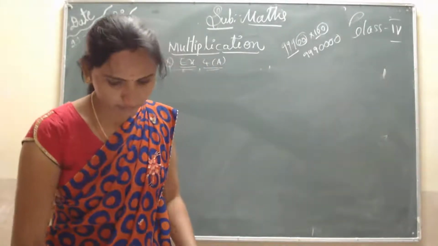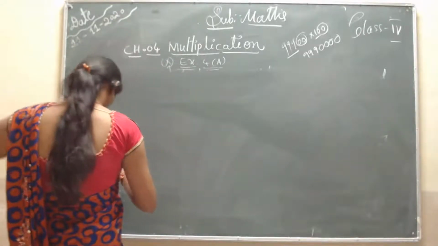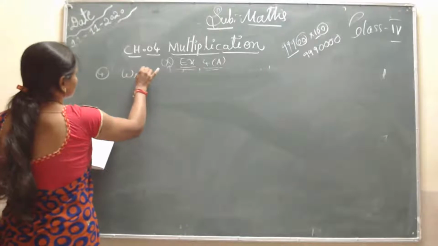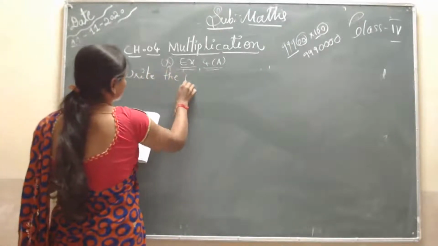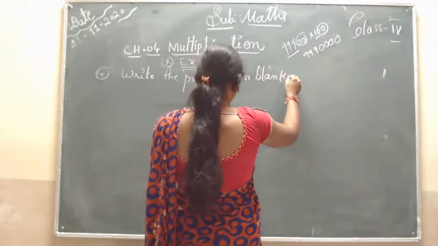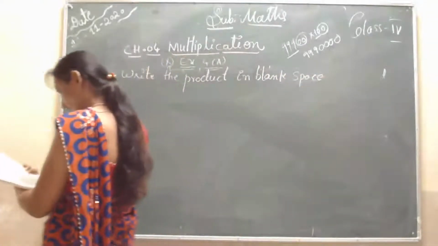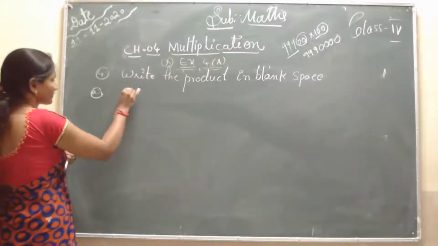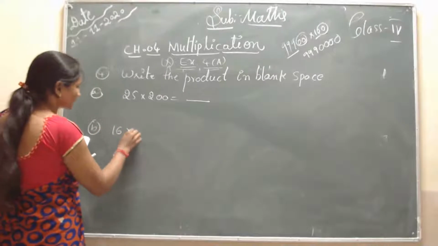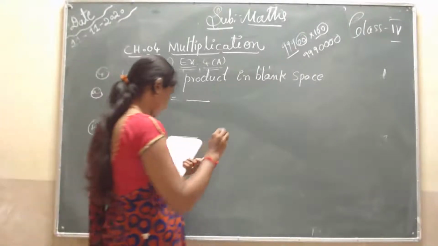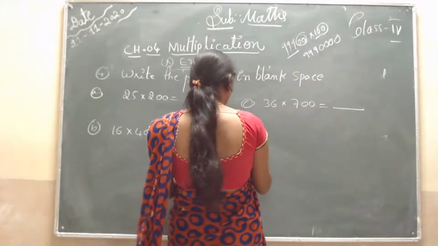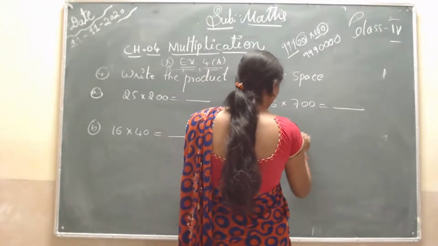Students, the fourth main, find the product: 25 into 200, 16 into 40, 36 into 700, 901 into 200.